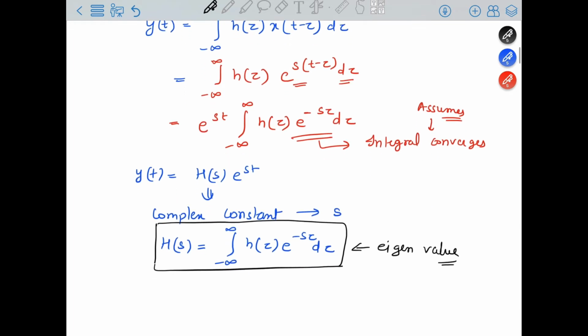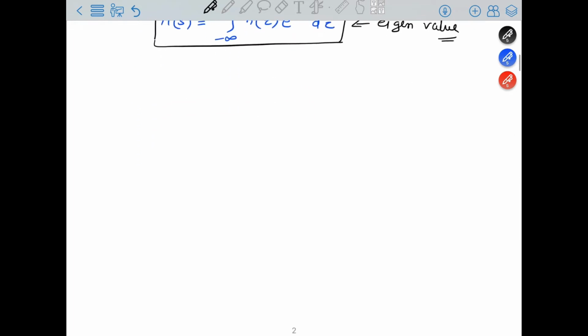And similarly, we can explain the same thing for the discrete time case. Just from an understanding perspective, for discrete time, if we take input x of n as z raised to the power n, then y of n will be, from the definition of the convolution summation, k equals minus infinity to infinity h of k x of n minus k.